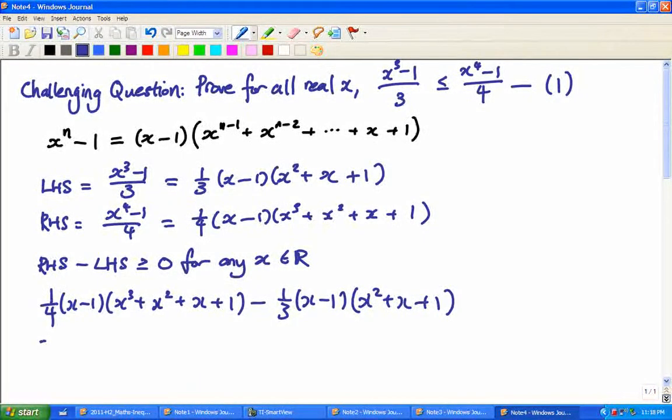This is equal to, what I'll do now is factorizing, so I'll get x cubed over 4 plus x squared over 4 minus x squared over 3, so this would give me minus x squared over 12.